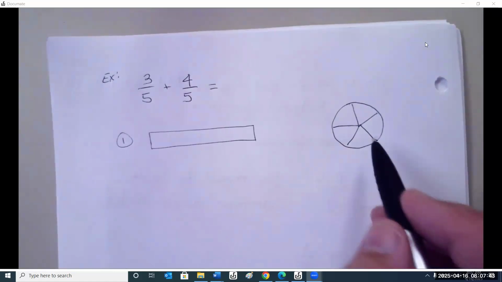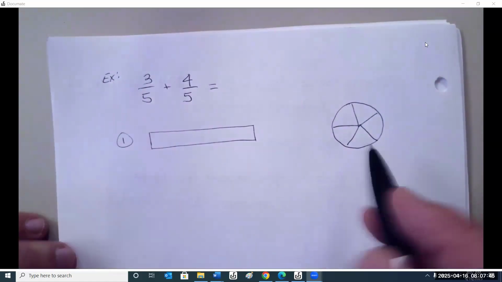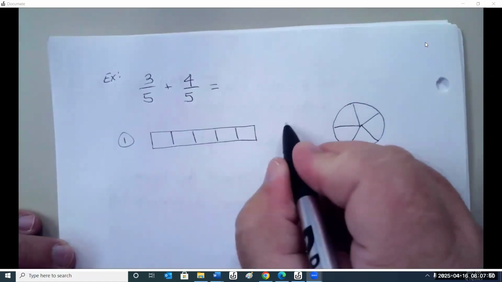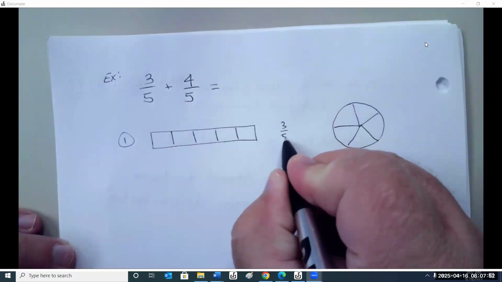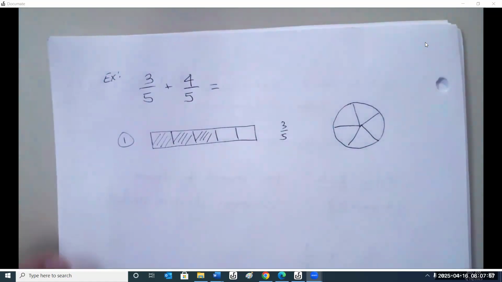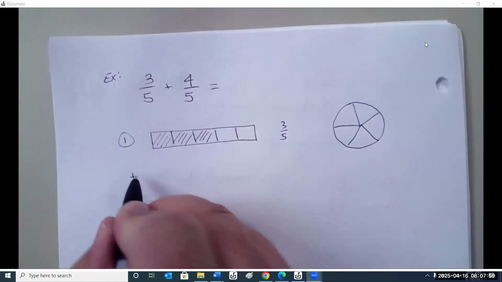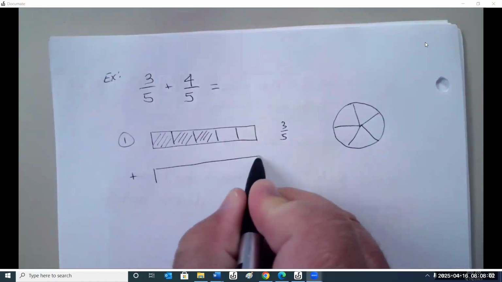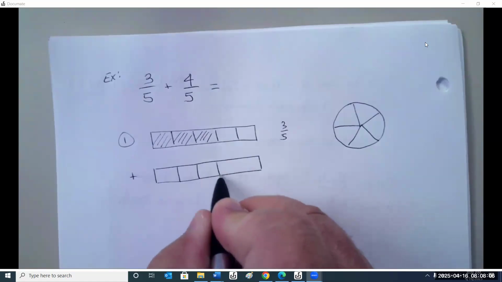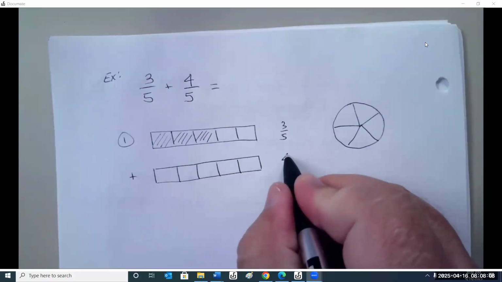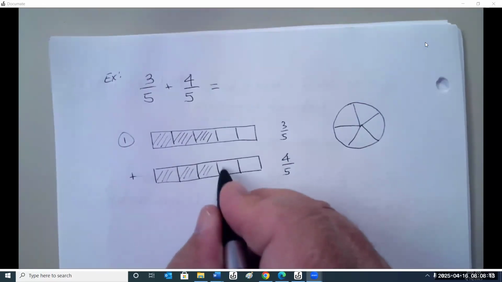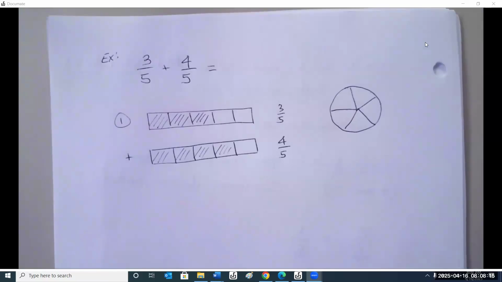And it's the same thing. It's just that these are harder to draw. So 3/5 would look like this. And then 4/5 would look like this.